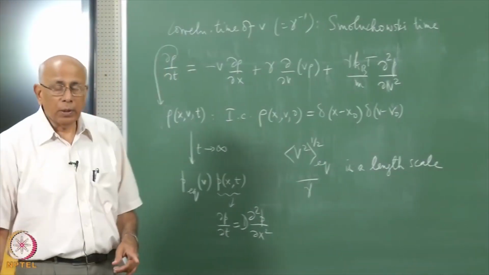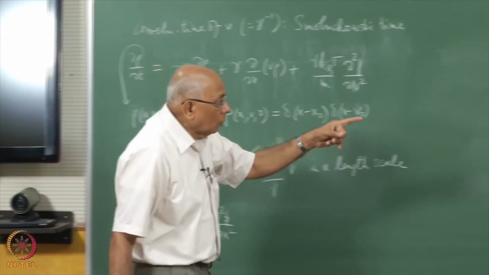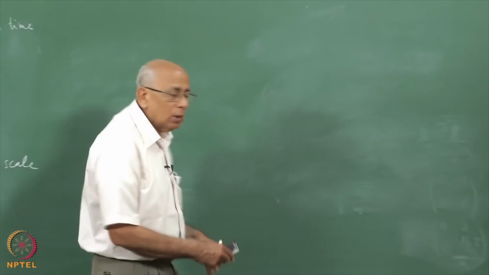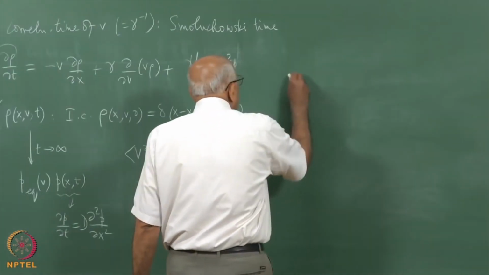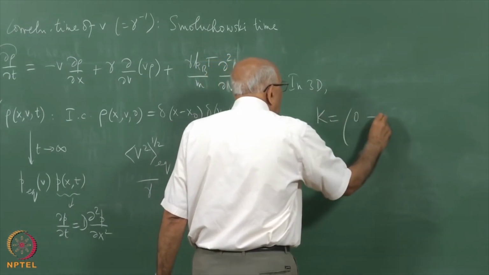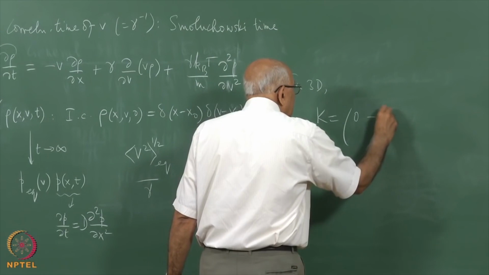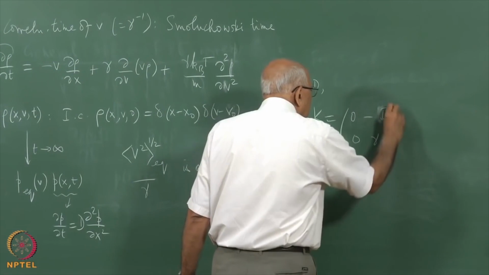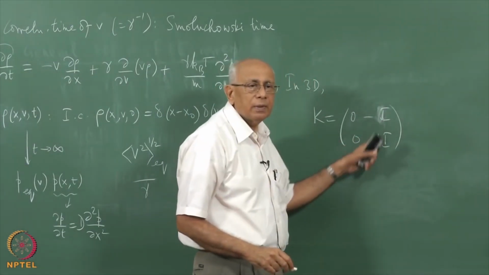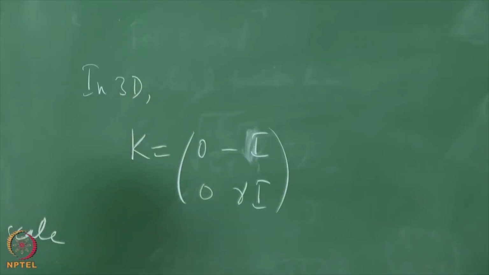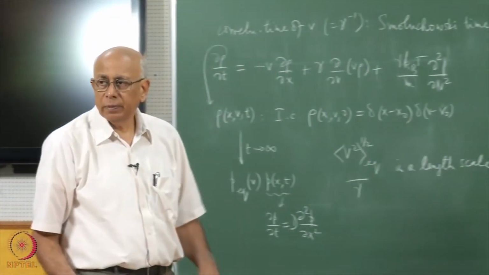By the way, one important point in the 3-dimensional case, whatever we wrote here in terms of the drift matrix K and so on is still true, but in 3D this matrix K would become 0, minus the identity matrix, 0, gamma times the identity matrix, where I is a 3 by 3 identity matrix. So, this is fairly straightforward. This is a 6 by 6 object. So, the generalization is kind of trivial to do.